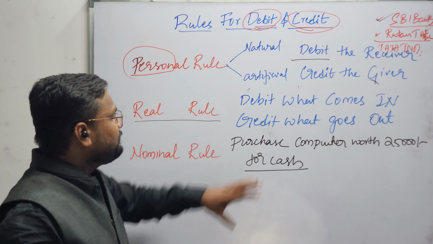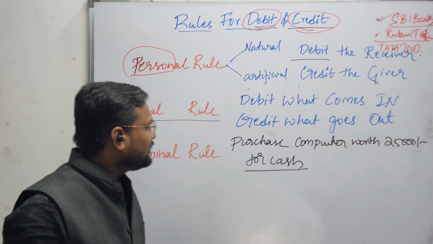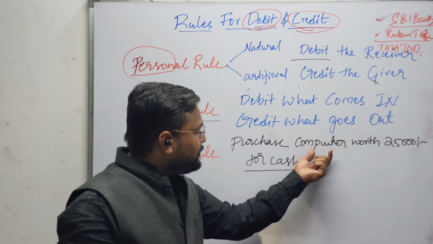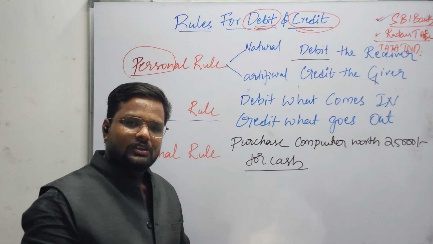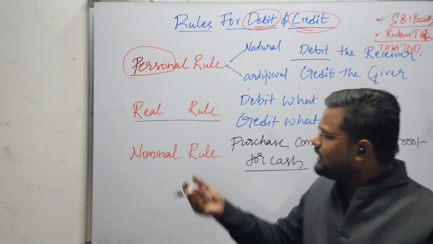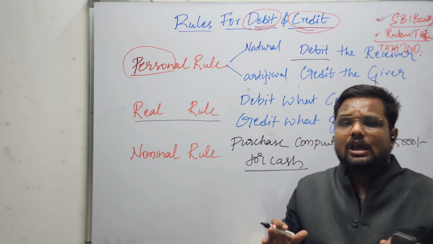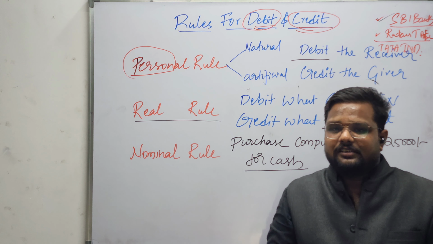Now we need to identify what is to be debited and what is to be credited. Now in this real transaction, the word real itself is telling whatever is really existing, the real things.